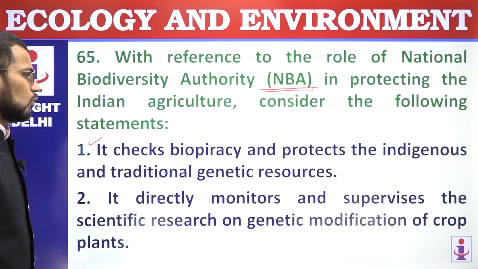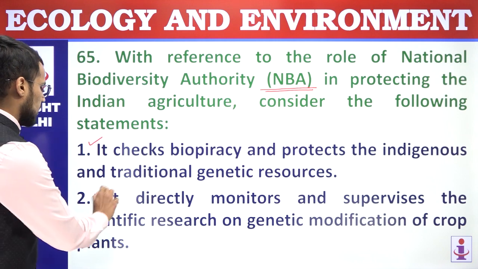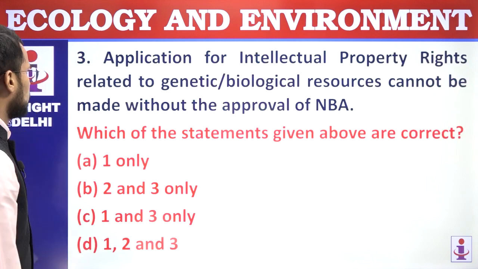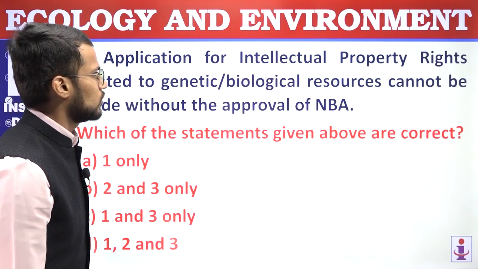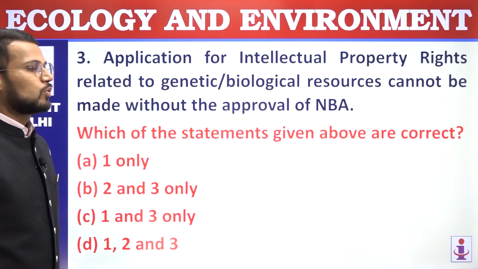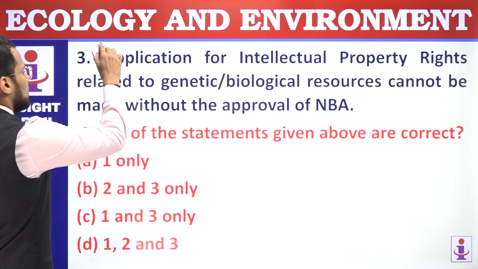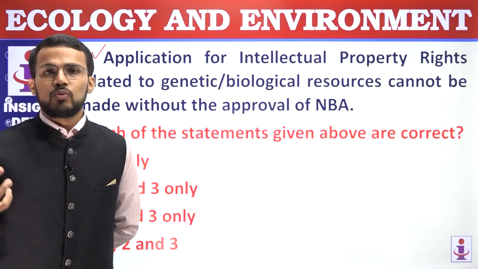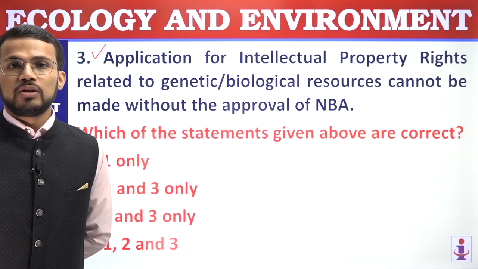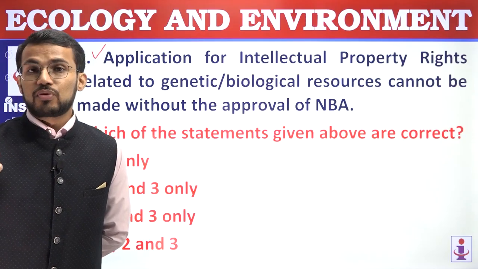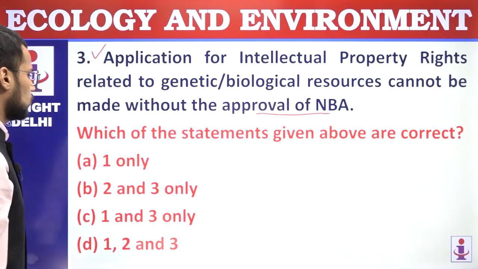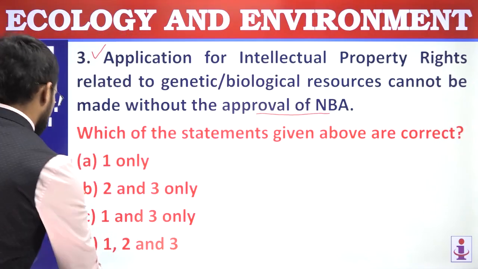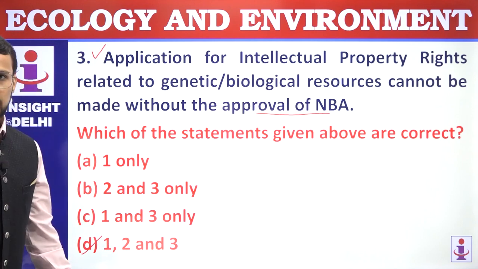Second, it directly monitors and supervises the scientific research on genetic modification of crop plants. That is also the function of NBA. Third, applications for intellectual property rights related to genetic/biological resources cannot be made without the approval of NBA, right? So in case there is any patent that an MNC wants to file on biological organisms derived from India, they need approval of NBA, right? So the third statement is also correct. So all these three statements are correct, and that's why the answer is D, 1, 2 and 3.